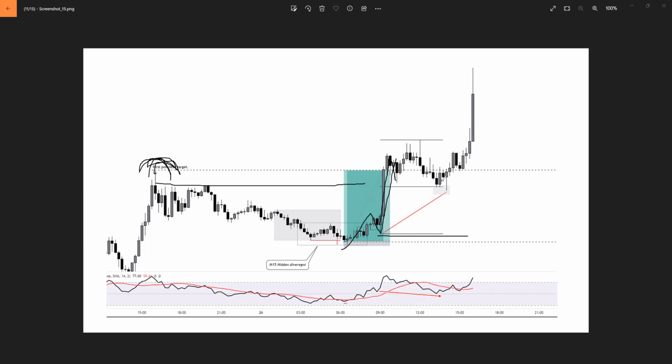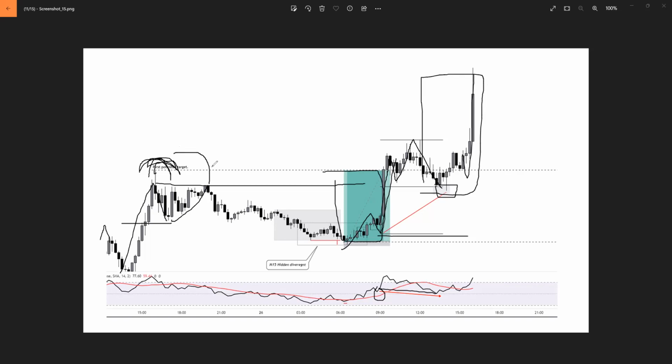What you look for, as long as there's a hidden divergence, there's a potential entry here going again.